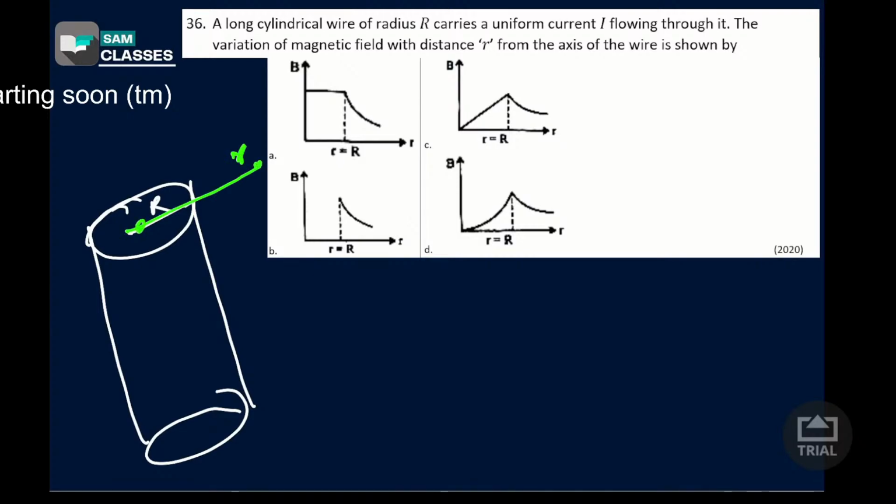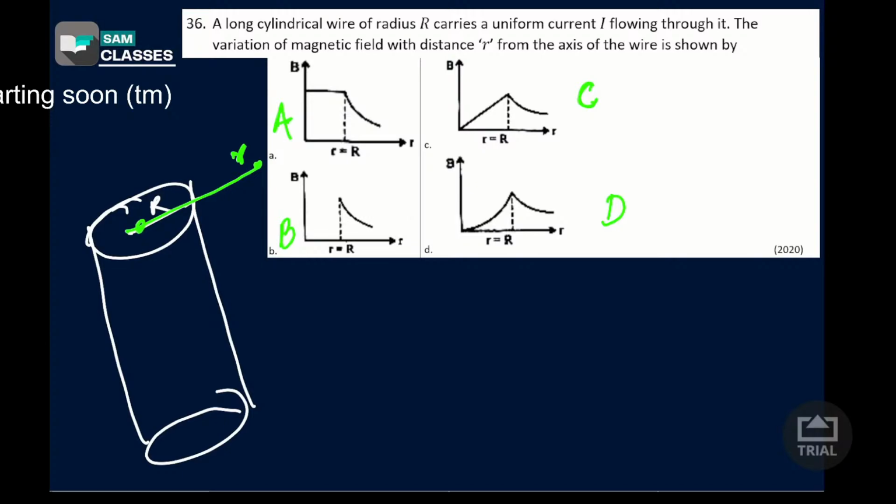So inside, will it increase or decrease? A lot of people are confused among options A, B, this is C, and this is D. So everybody, what happens from inside?